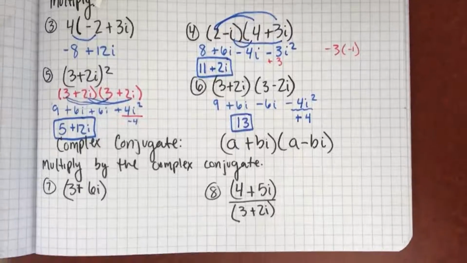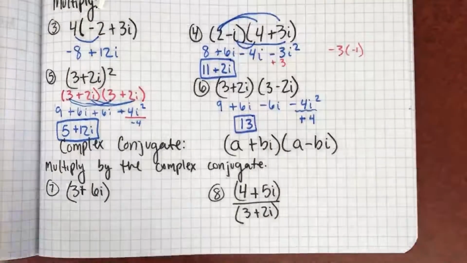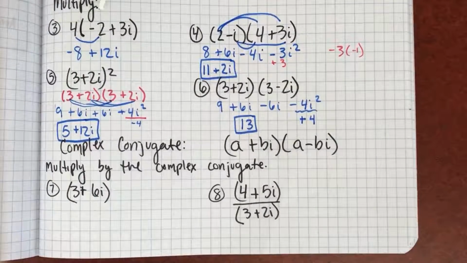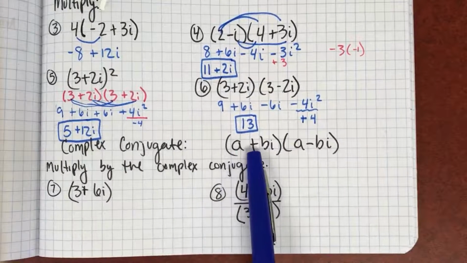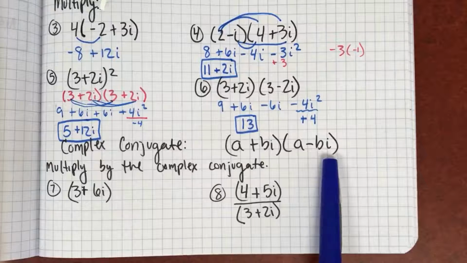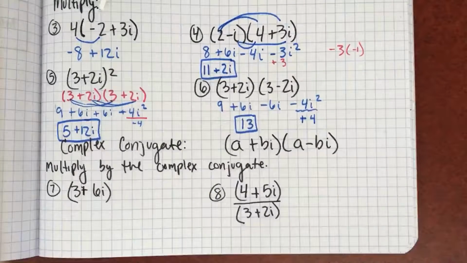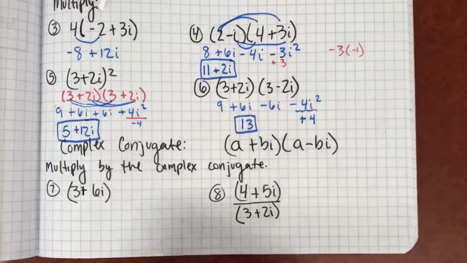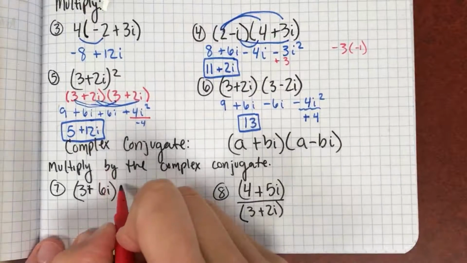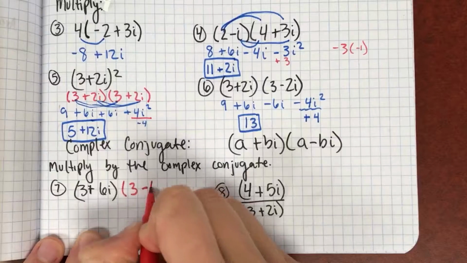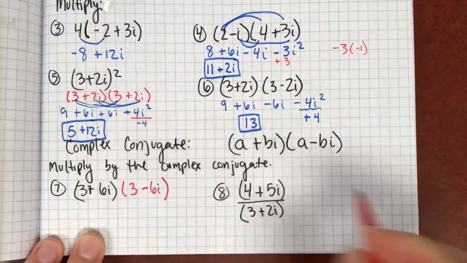For our last two examples, we're multiplying by the complex conjugate, which, remember, we've got a plus bi, a minus bi, and that's kind of what happened on number 6. So for this one, we're going to multiply by the complex conjugate, which would be 3 minus 6i.